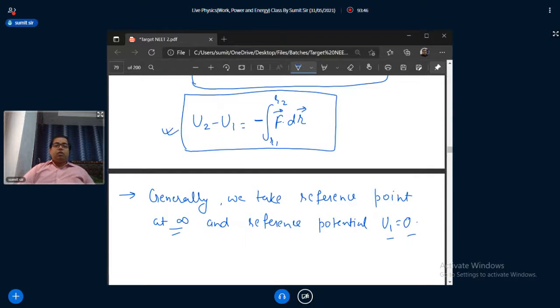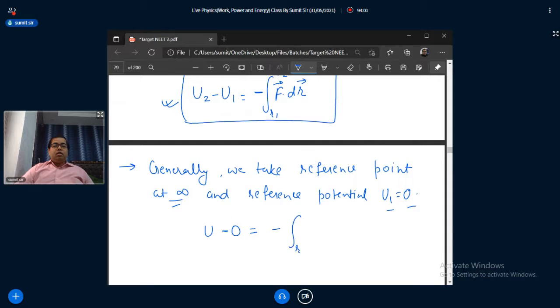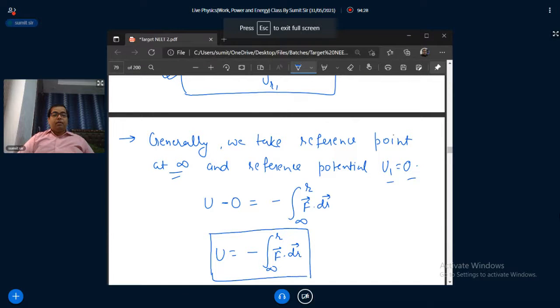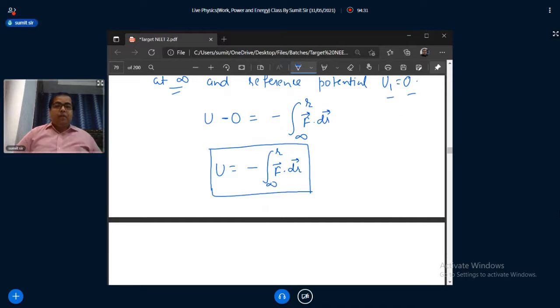So this equation can be written as U2 minus U1, where U1 is 0 and U2 can be written as U. So U minus 0 is equal to minus the integral from R1, which is infinity, to R2, which is R, of F dot dr. That can be written as potential U equal to minus the integral from infinity to R of F dot dr. Okay.